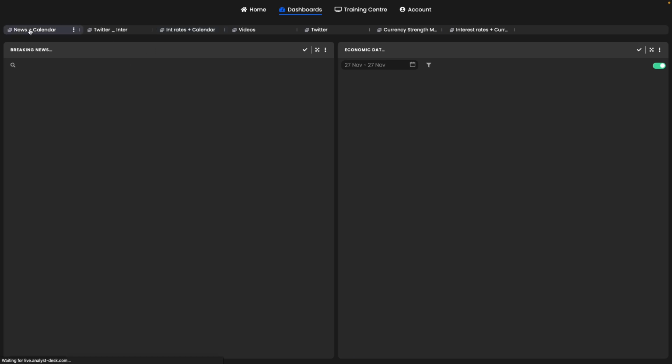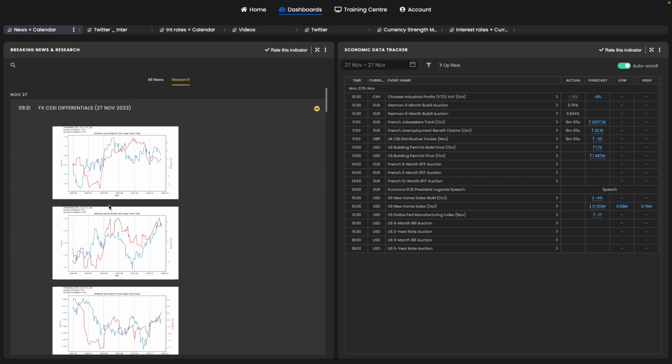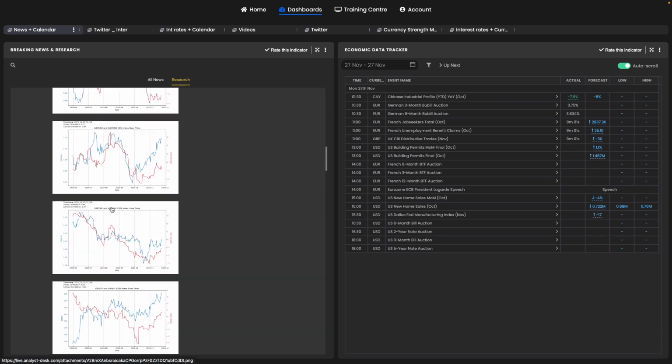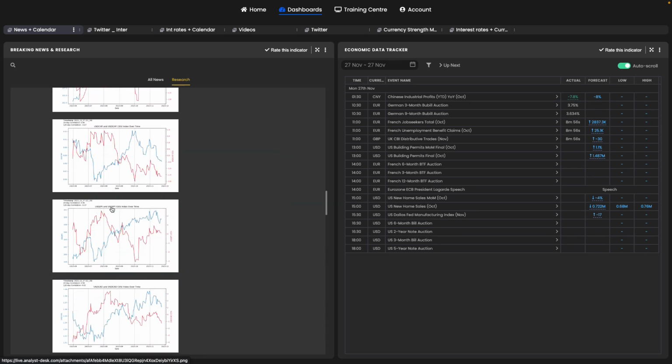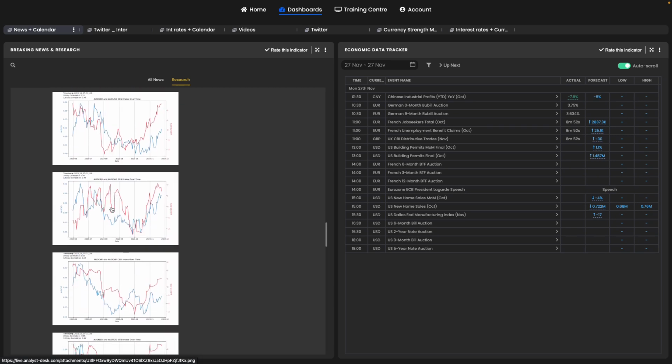The other thing that's worth looking at for the RBNZ is the CSI differentials. Now, if you look at these Aussie New Zealand dollar, you can just see a nice little divergence taking place, which could be an opportunity for the Aussie New Zealand dollar.